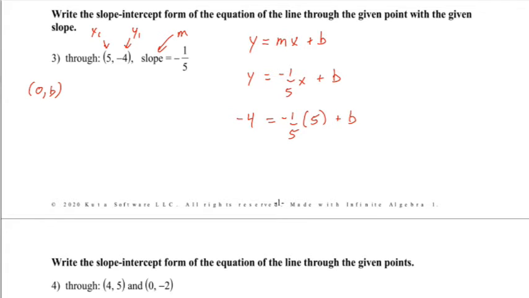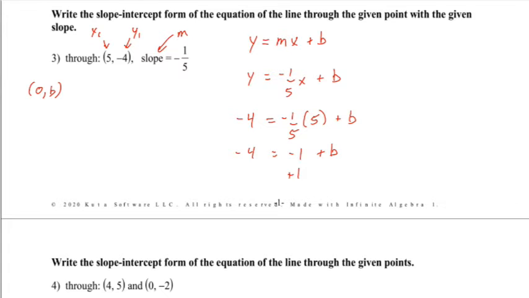We know that all the points on the line satisfy the equation y is equal to mx plus b, so we can just solve this out. Minus 4 is equal to, the 5's cancel, and we're left with minus 1 plus b. Now we're going to solve for b, and we do that, we get b by itself.